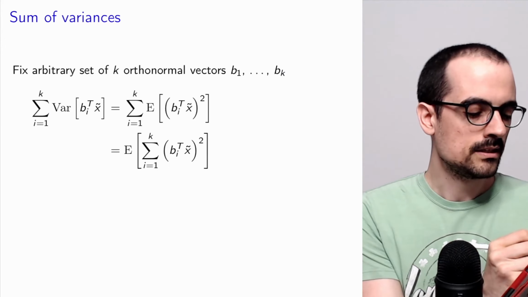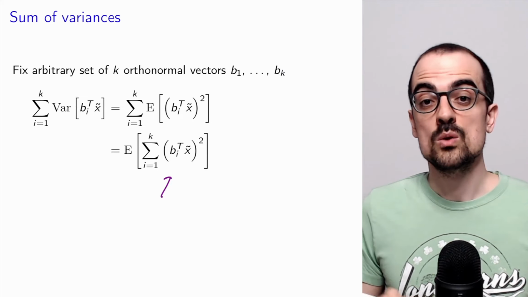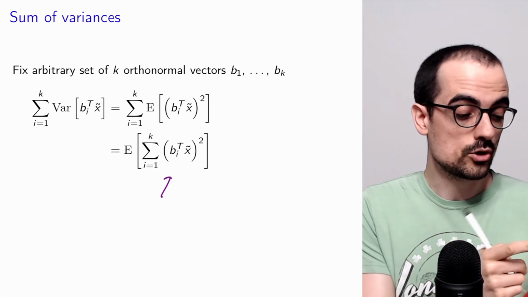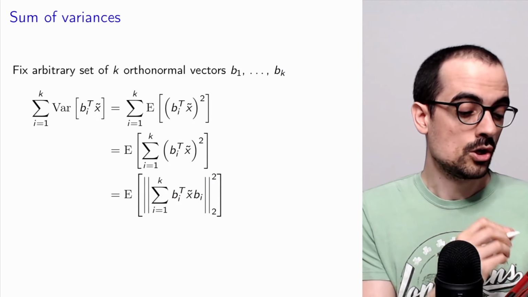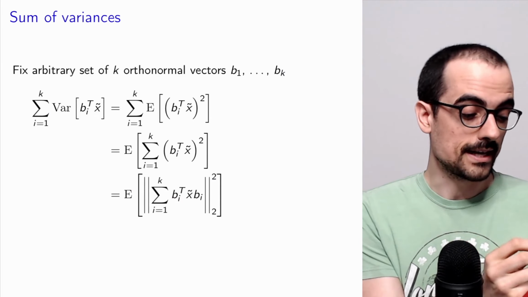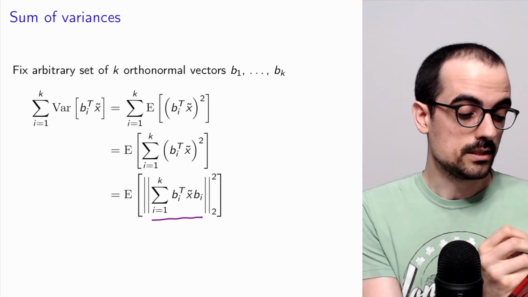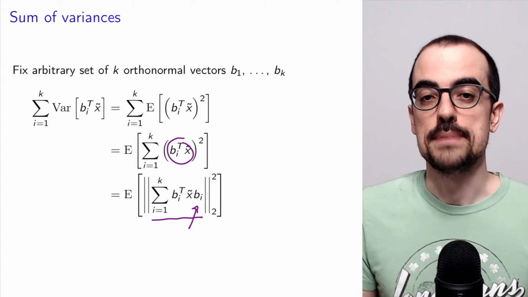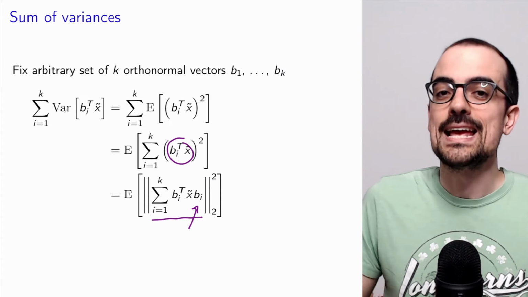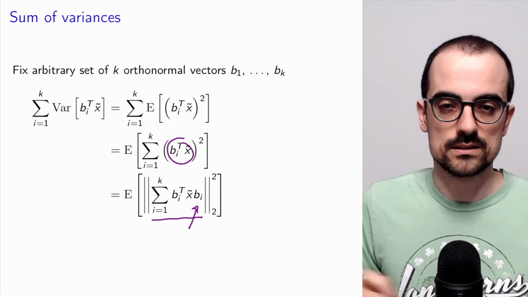So now we have this sum of coefficients, which is equal to the squared L2 norm, because these are orthonormal vectors, of this vector here, which is built by taking those coefficients and multiplying by the corresponding basis vector of these k arbitrary basis vectors that we have fixed.